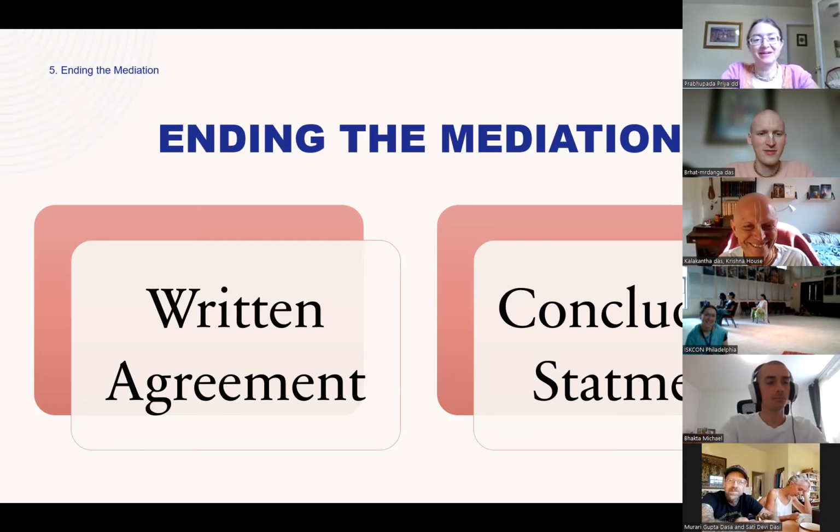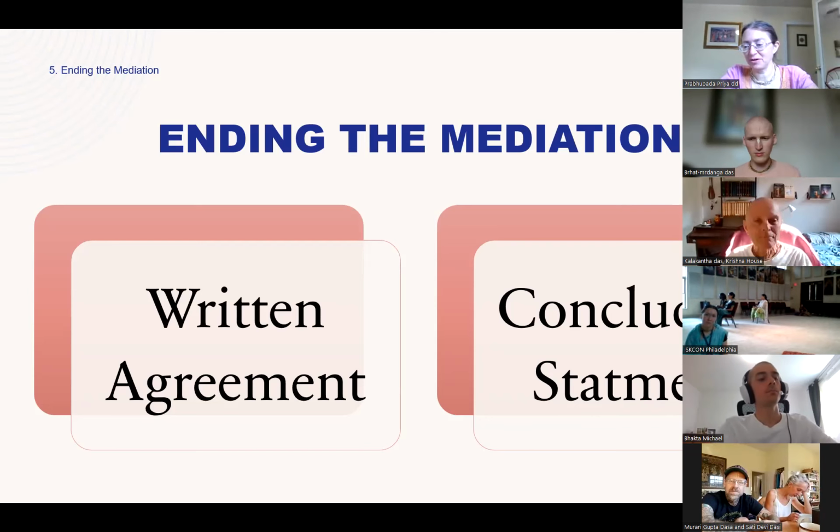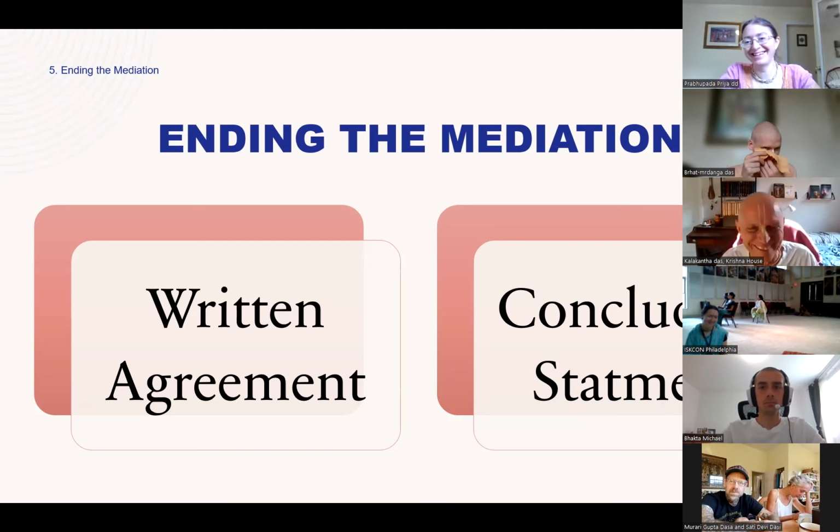But I have a question about the written agreement. I can understand that that's really necessary if you're dealing with some authoritative devotees. But if it's just between friends, like two ashram residents who've gotten into a little cat fight or whatever, do we need to write it out and have them sign it and all that? Yes.